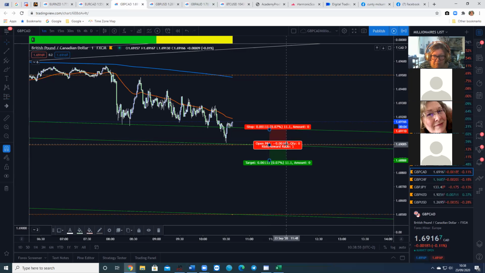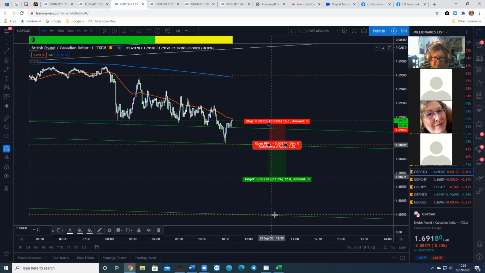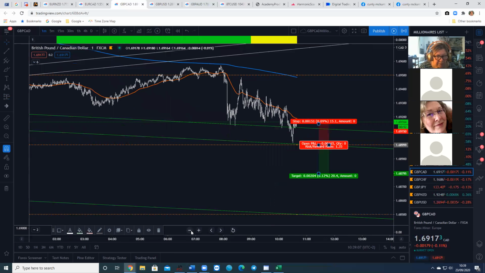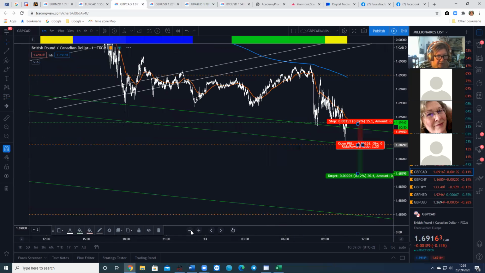GCAD, you want 15, one of our fast pairs. And then a nice take profit area down there. We just have a look at what it's done before in that area. When was it last there?